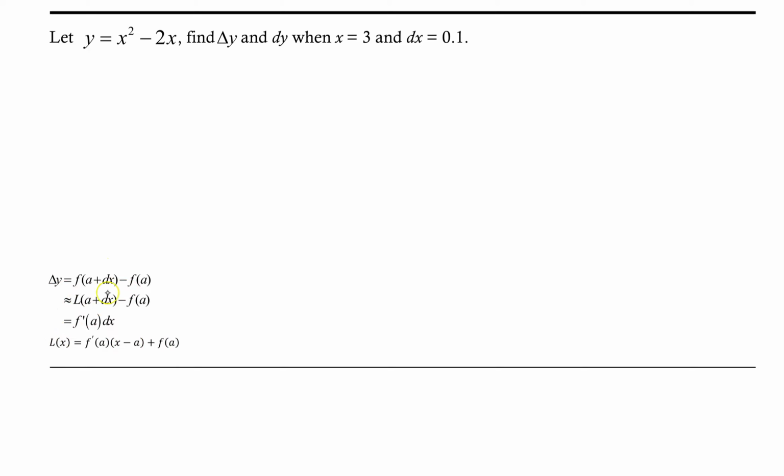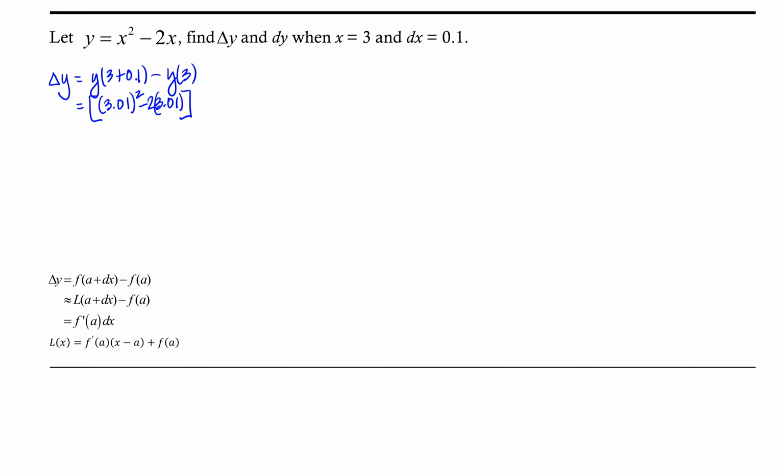And so let's go ahead and take a look at delta y first. Delta y is going to be y at 3 plus 0.1 minus y at 3. So this is equal to 3.1 squared minus 2 times 3.1.